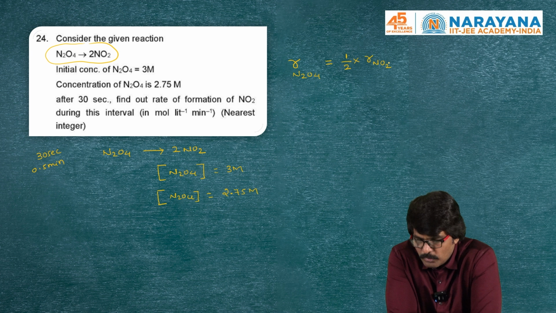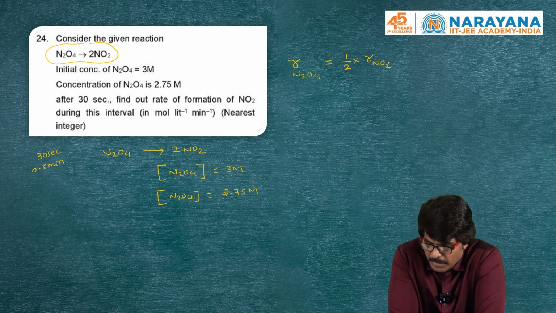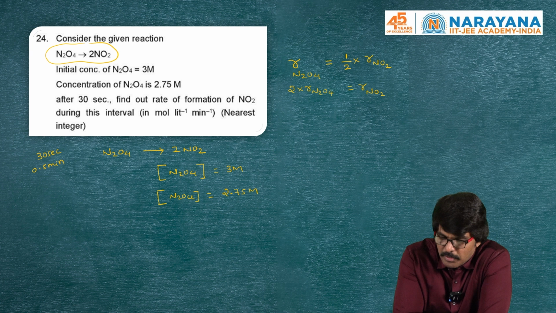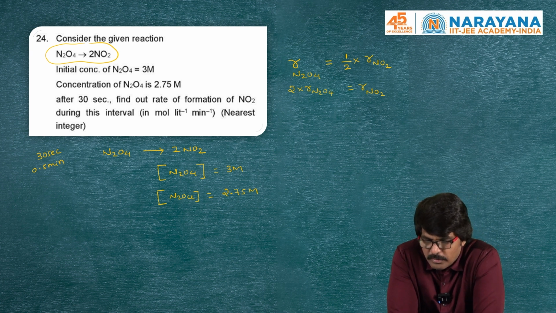N2O4 is getting consumed, NO2 is formed. But the question is about rate of formation. Therefore, rate of formation of NO2 is 2 times the rate of N2O4. Even from the stoichiometry you can see, if 1 mole of N2O4 disappears, in the same time you will be getting 2 moles of NO2.